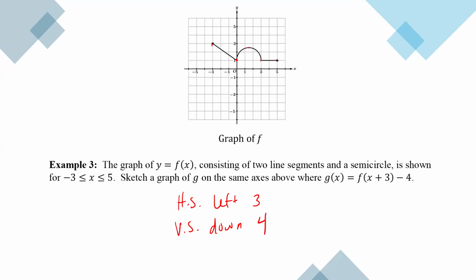Is that what we said? So 1, 2, 3, 1, 2, 3, 4. So here's their new home. Agree? Yes. Again, we're going to go 1, 2, 3, 1, 2, 3, 4. Here's his new home.